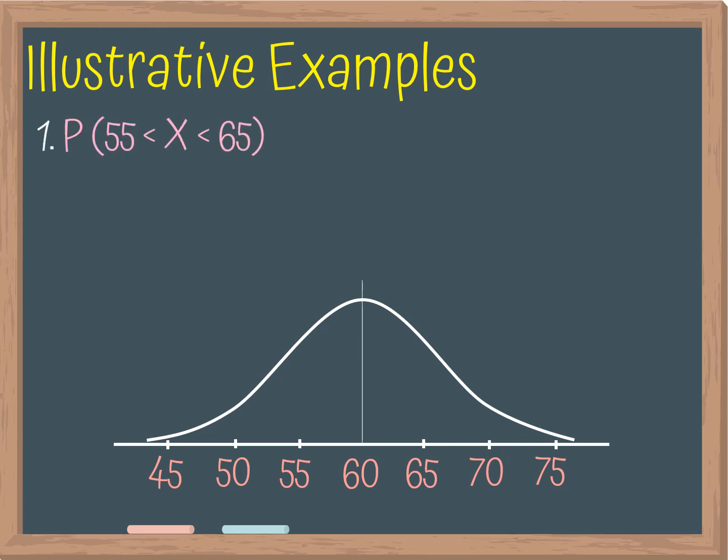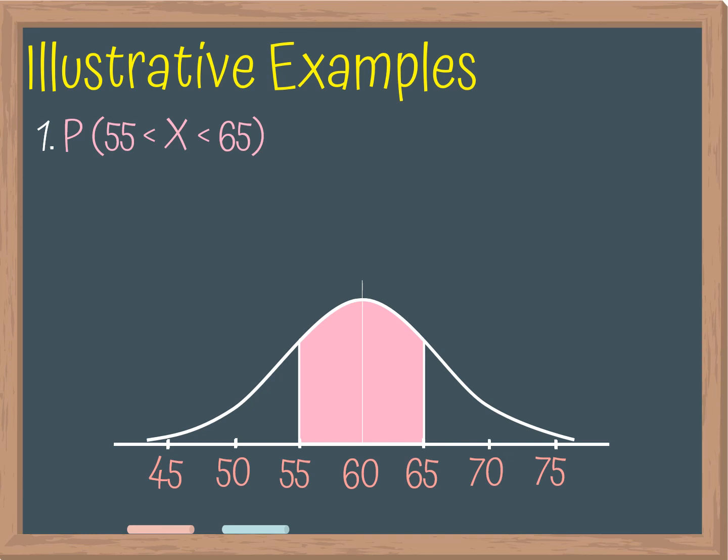So for the first probability, we have here probability wherein x is greater than 55 but less than 65. So to do that, let us identify the endpoints. So we have here 55 and 65. So that will be this area.